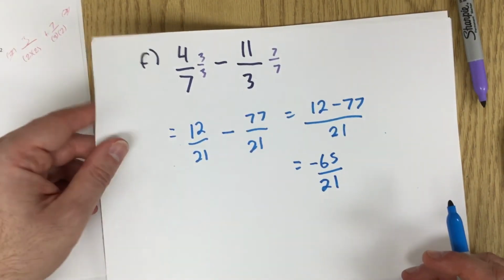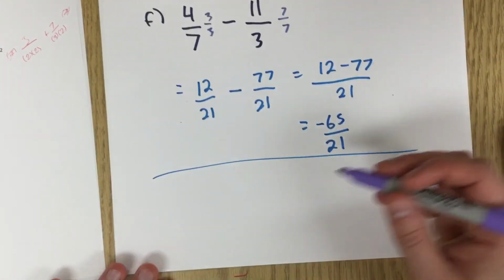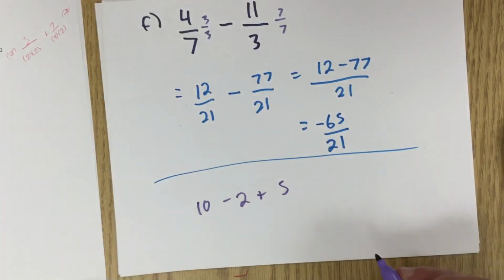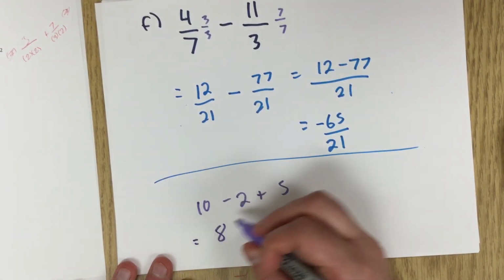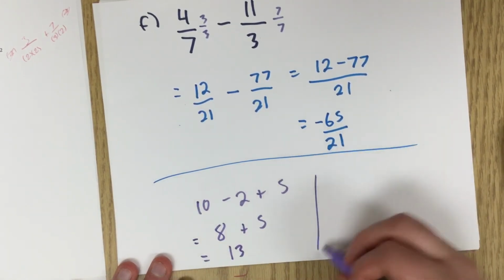That wasn't that hard. Before we do the next one, let's do a mini question. How do you do 10 minus 2 plus 5? You don't do it all at once. So what you do is you go 10 minus 2 first, which is 8. And then you go 8 plus 5 is 13.